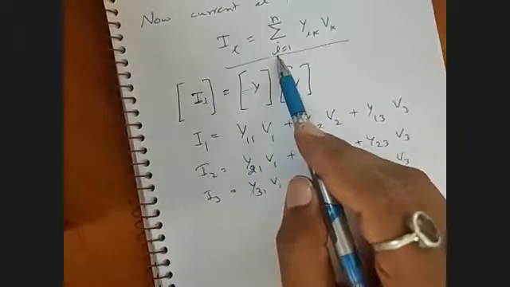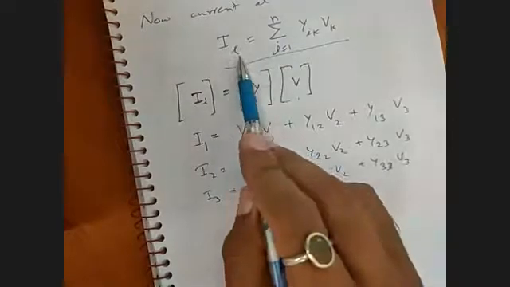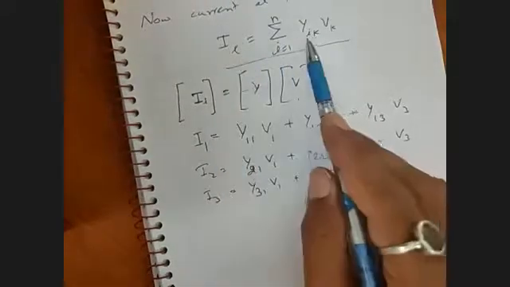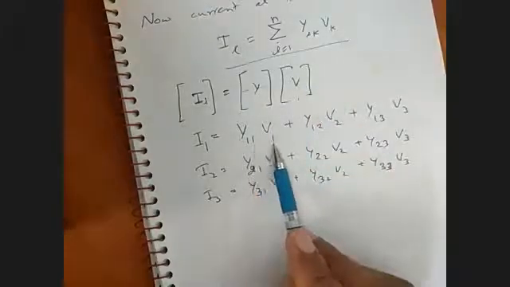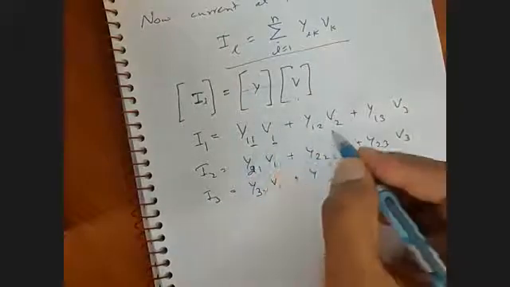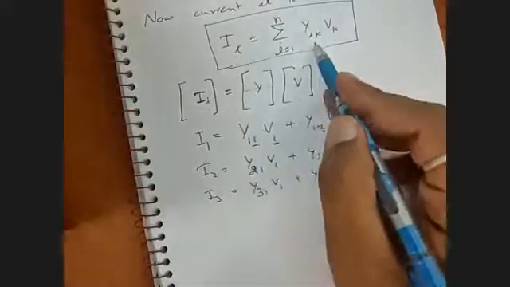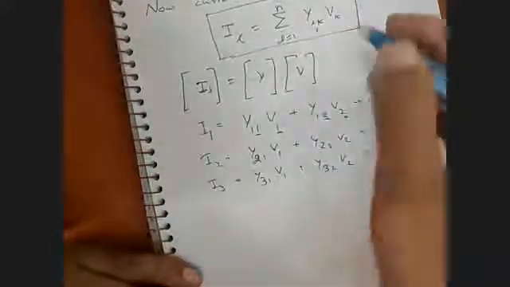So the generalized formula is this, that is Ii equal to summation k equal to 1 to n. So if we are calculating i equal to 1, then I1 equal to Y11 V1 plus Y12 V2, so that is this k. So your generalized formula for current will become Ii equal to summation k equal to 1 to n Yik into Vk.